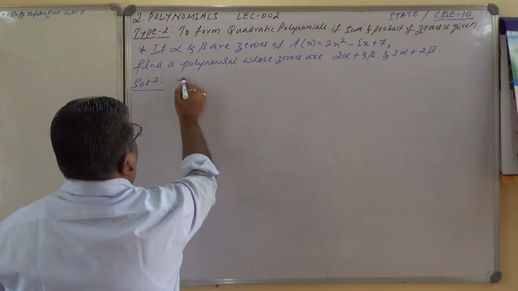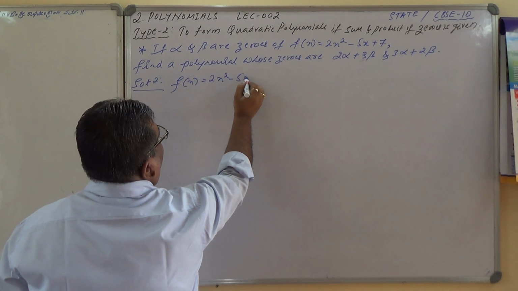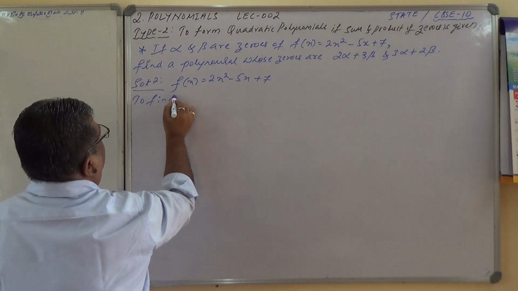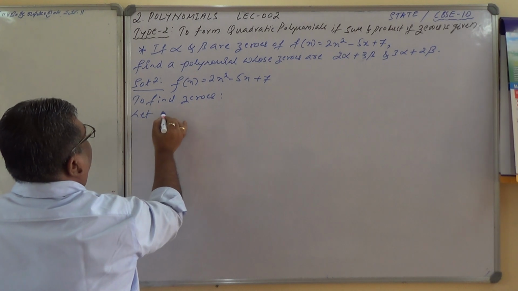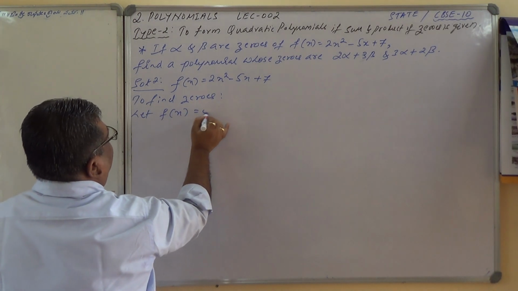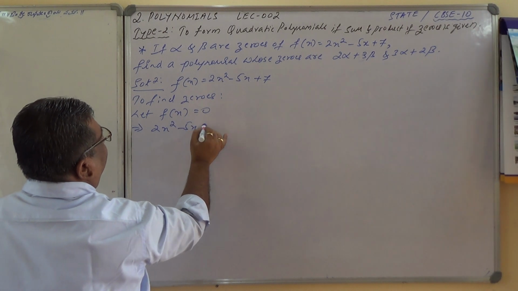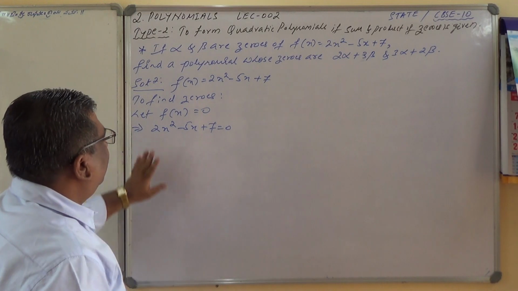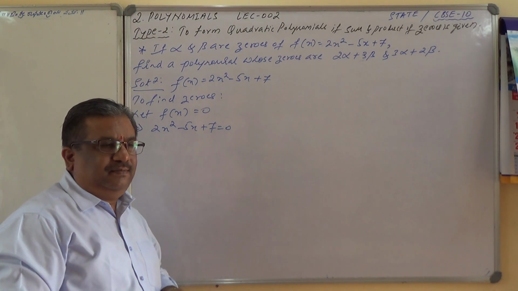Here f of x is given as 2x square minus 5x plus 7. To find zeros, let f of x equals 0, implies 2x square minus 5x plus 7 equals 0. See, it is not possible to solve this problem by splitting the middle term.